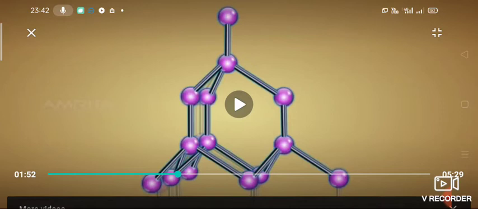Why is it a non-conductor of electricity? Because it does not have any free electrons. Diamond is a poor conductor due to the absence of free electrons, because all 4 valence electrons of the carbon atom are engaged in the formation of covalent bonds. It has high density due to close packing of carbon atoms.